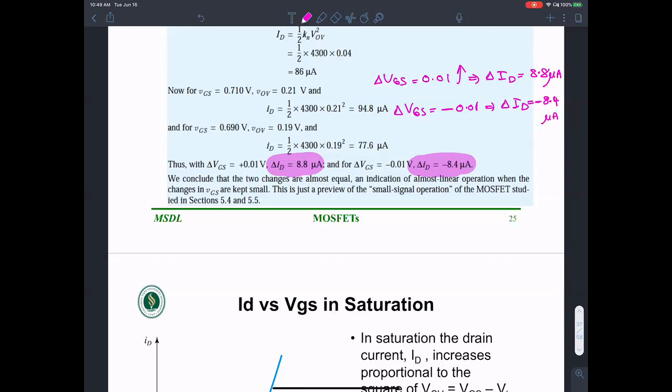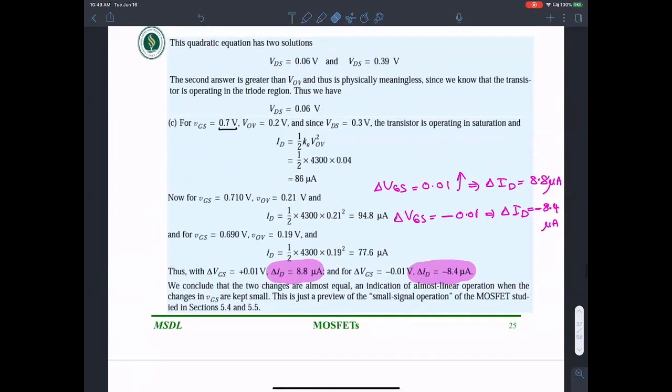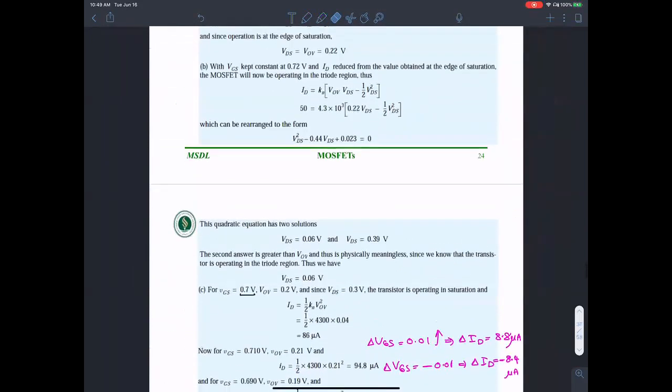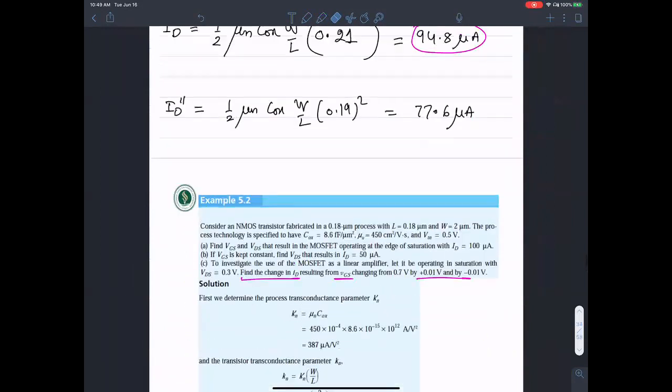So this is the operation of linear behavior, right? For really small values of the input changes, the output is going to change proportionally, not by square law. If you think about it, this is the equation, right?